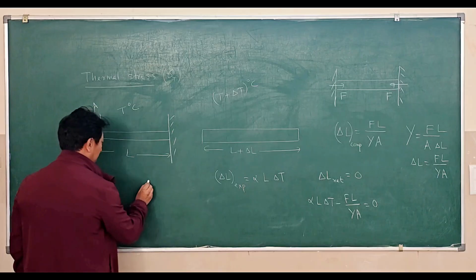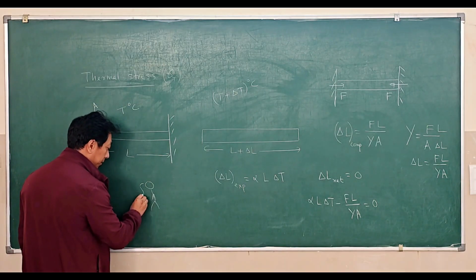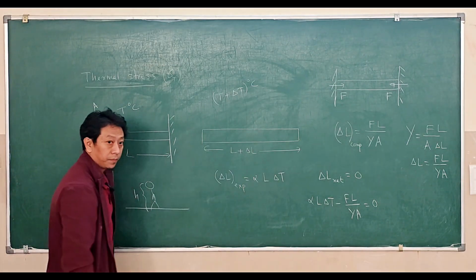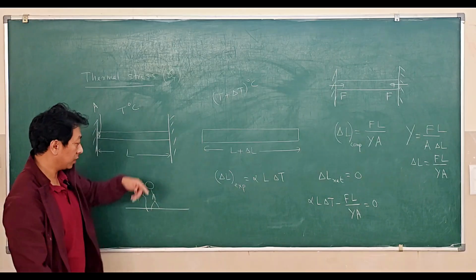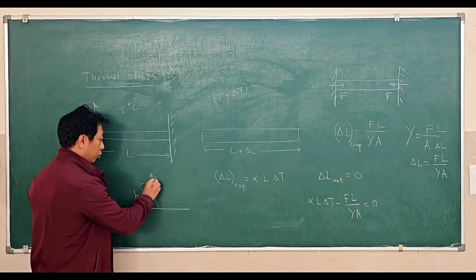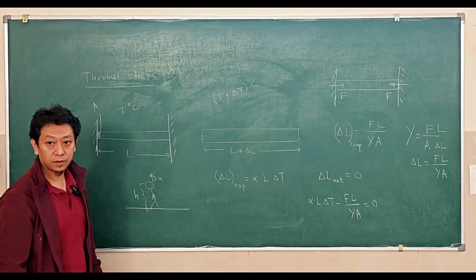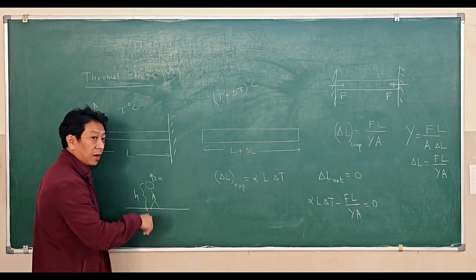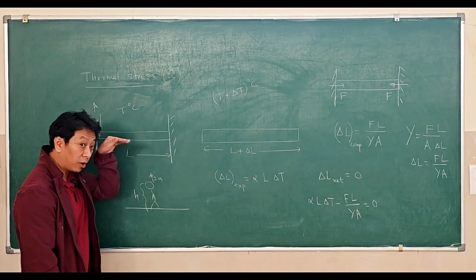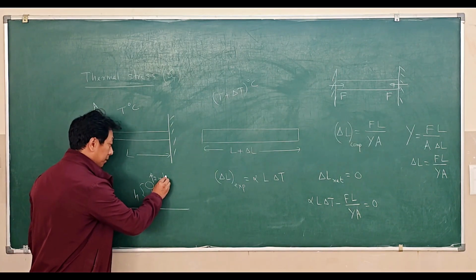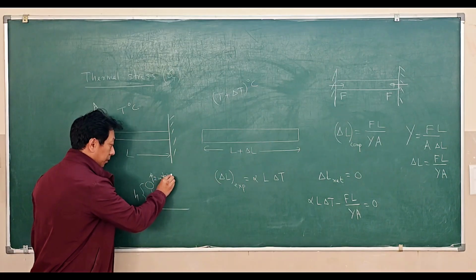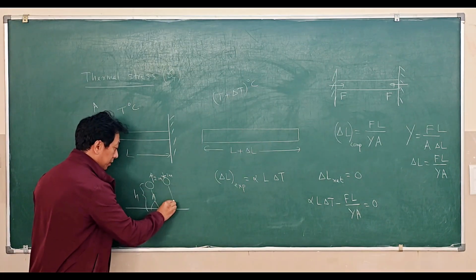The point I am trying to say is, if this is your height, suppose somebody increased your height by 2 meter, and then somebody decreased your height by 1 meter, compressed. What will be your new height?